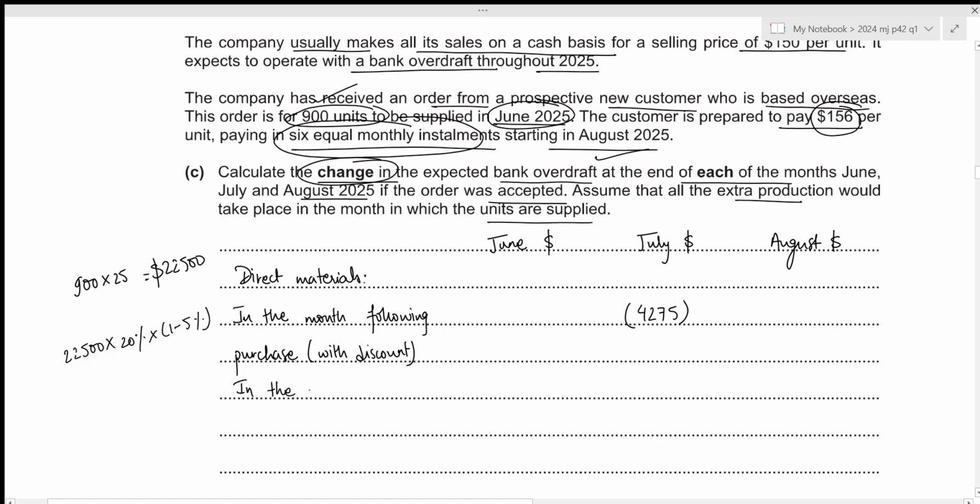So it will just be the total amount of 22,500 times 20% without any discount. This results in the value of 4,500, which will again be paid for in the month of July.